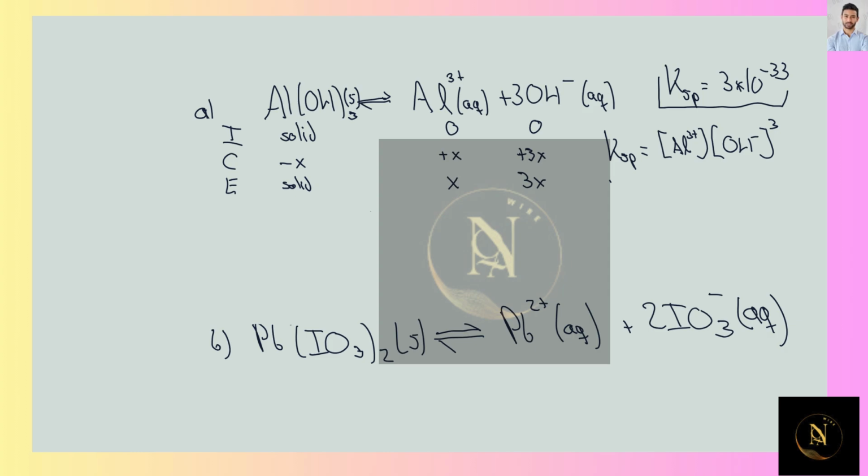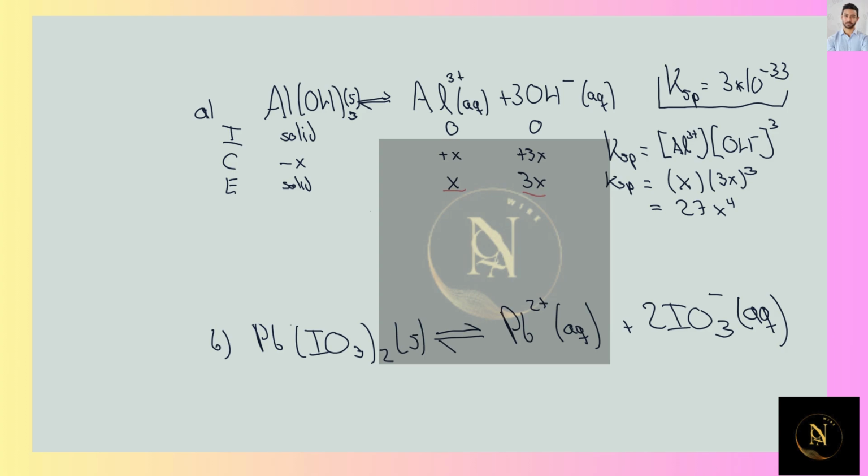Now replacing these two values, X and 3X, in the KSP constant, we have X times 3X cubed. This is simply 27x to the 4. 3 cubed is 27, and x cubed times x is x to the 4.